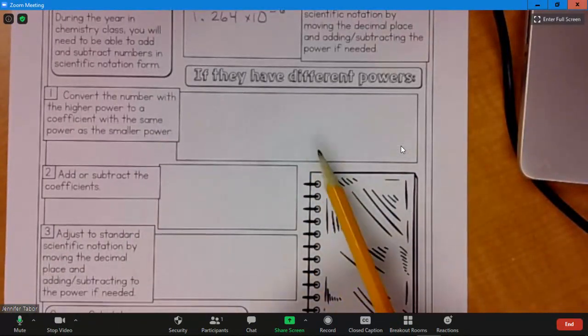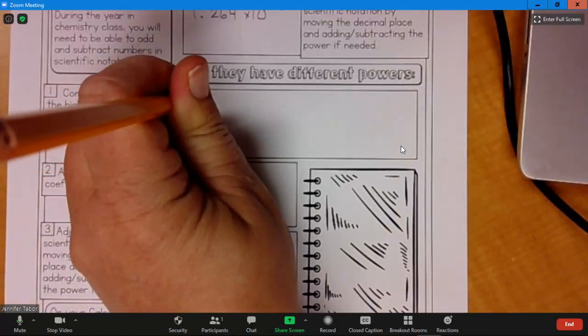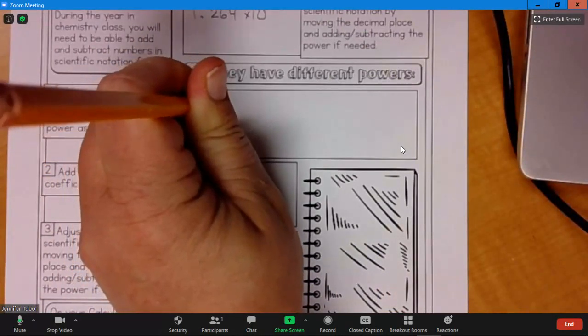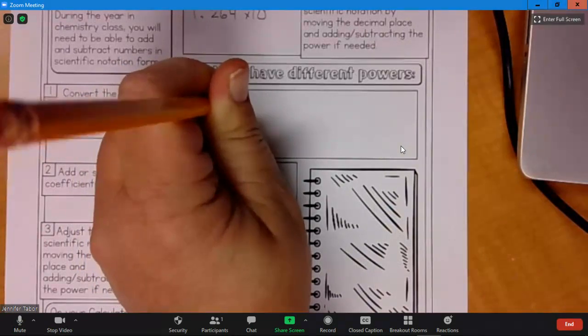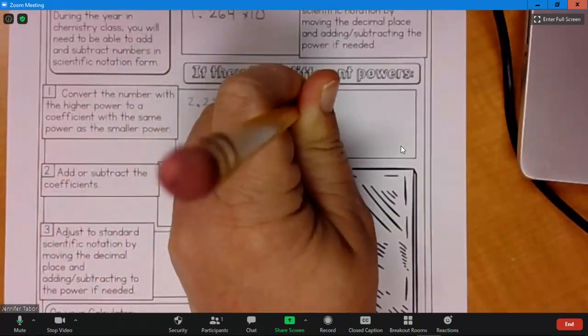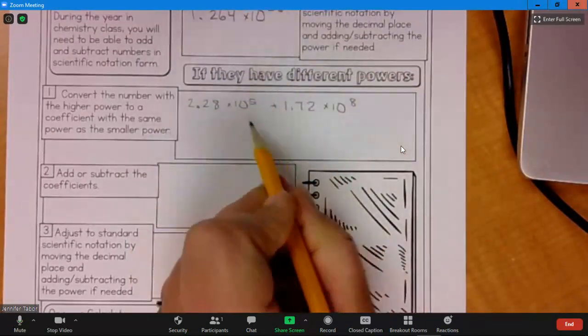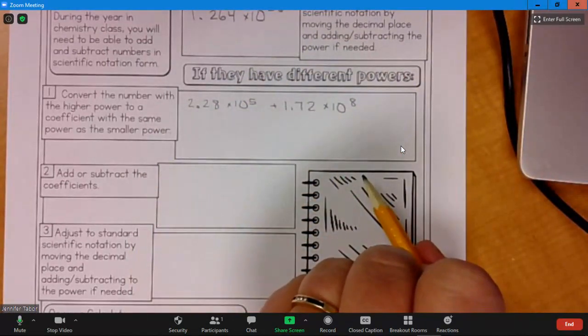Now, if they have different exponents, like let's look at this example. If we had 3.28 times 10 to the 5th plus 1.72 times 10 to the 8th. Different exponents, we can't just add them together.